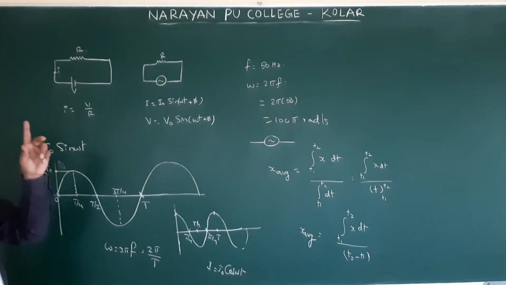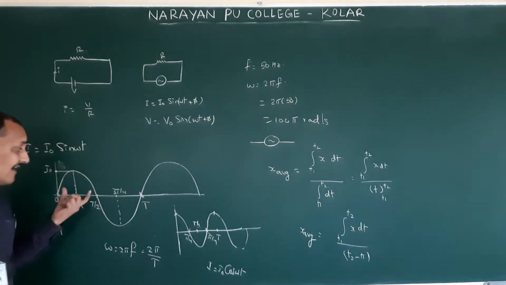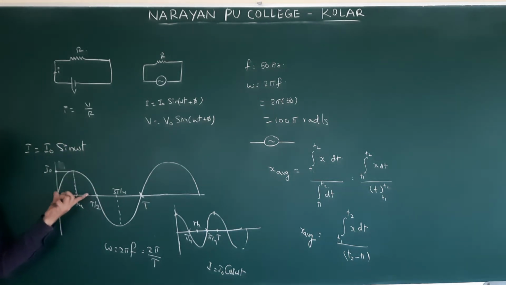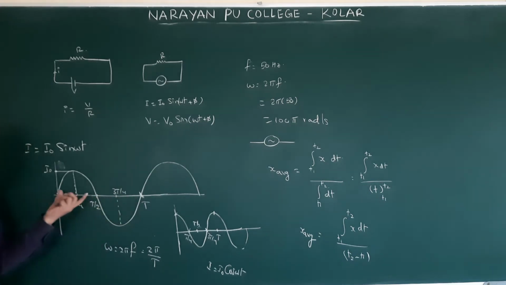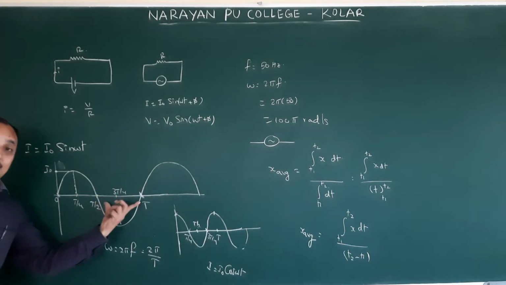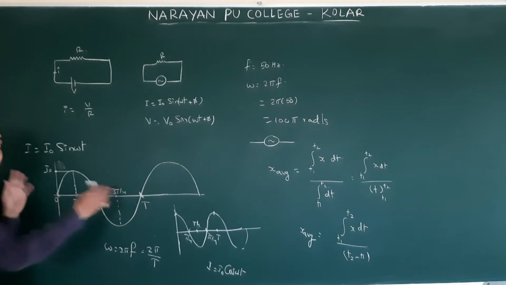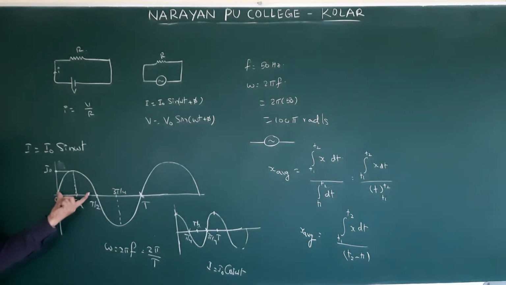In this, two average values will be given: average value for half cycle and average value for full cycle. First we find the average value for half cycle, where time varies from 0 to T by 2.